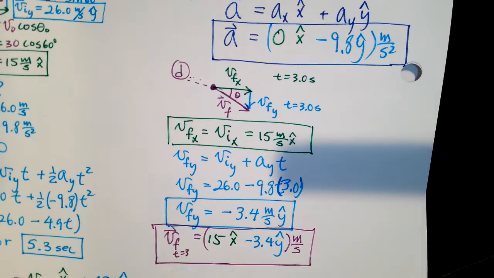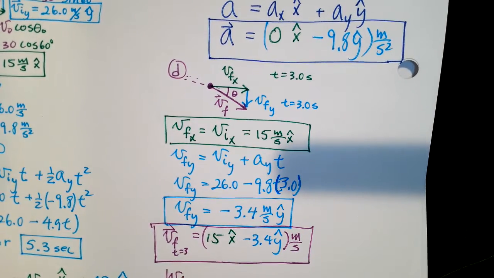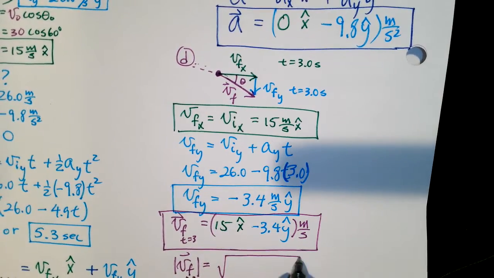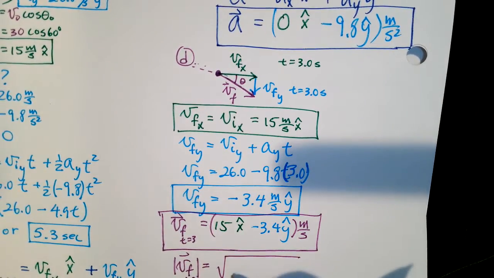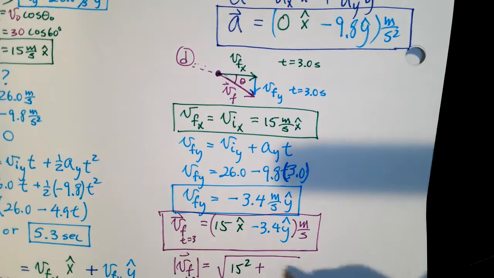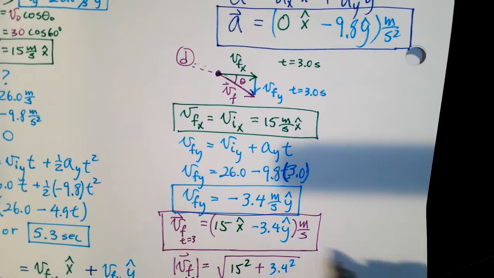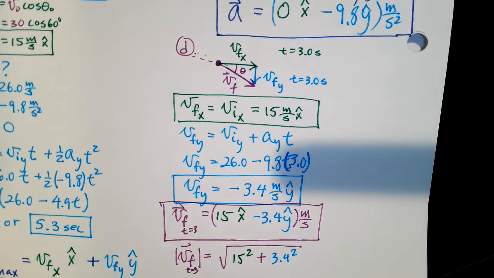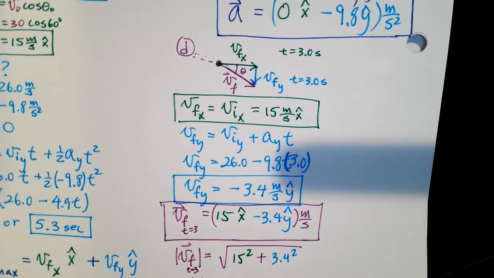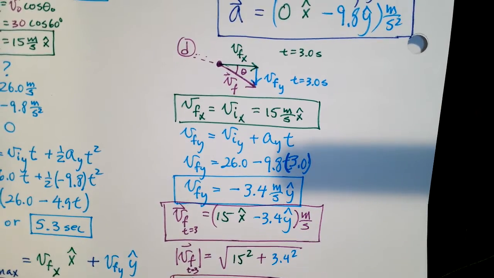So the magnitude of my VF when t is equal to 3 seconds is the square root of 15 squared plus 3.4 squared. And if you work it out, your VF magnitude comes out to 15.4 meters per second.